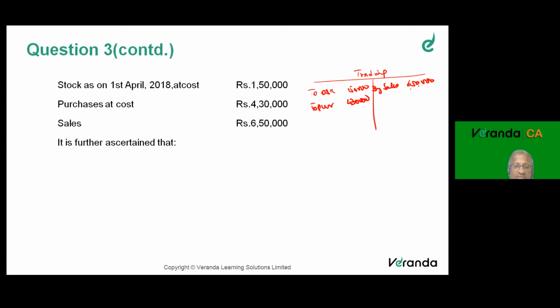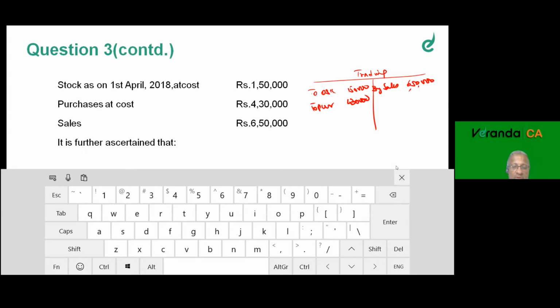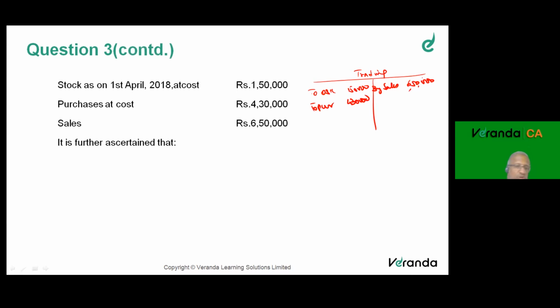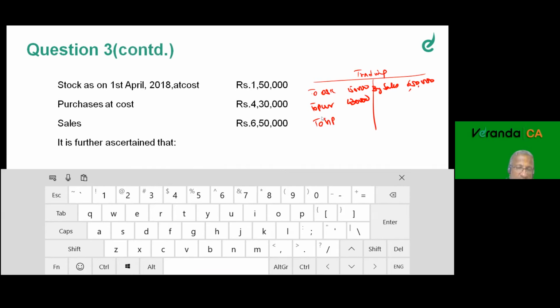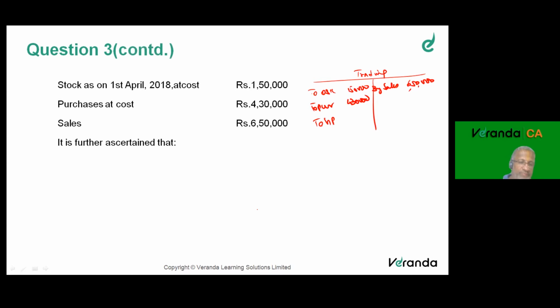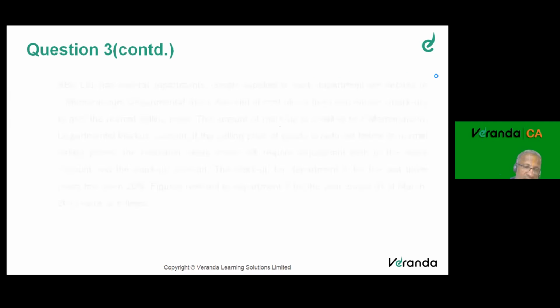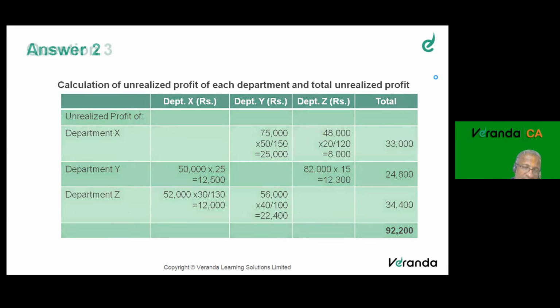So this figure of 6,50,000 is not at the normal price. Therefore, to get the gross profit, we have to do a separate working note. Had it been a normal selling price, the amount of markup is given in the last slide.